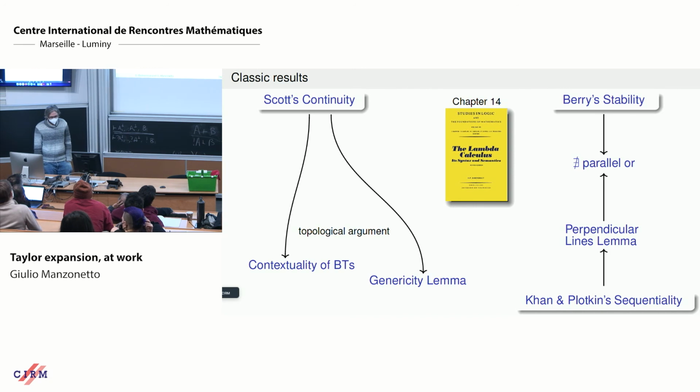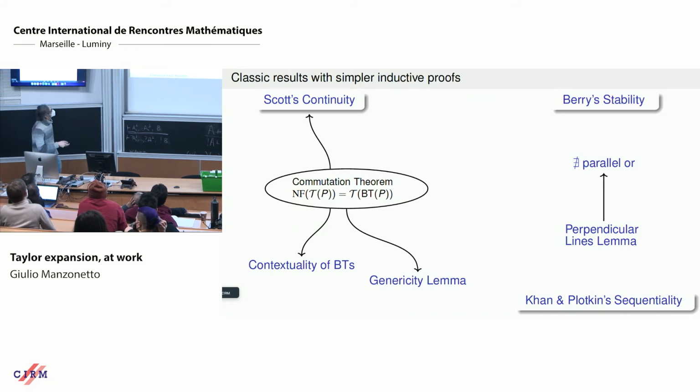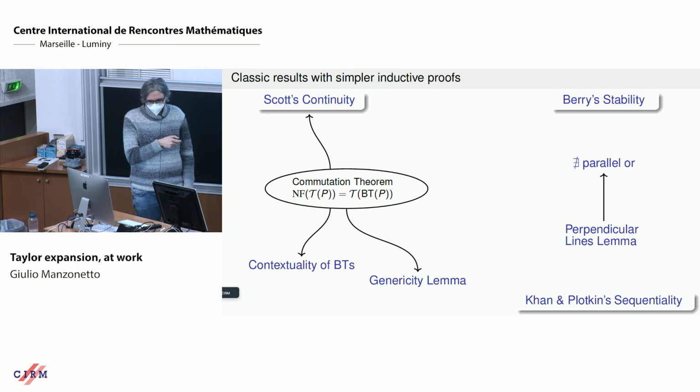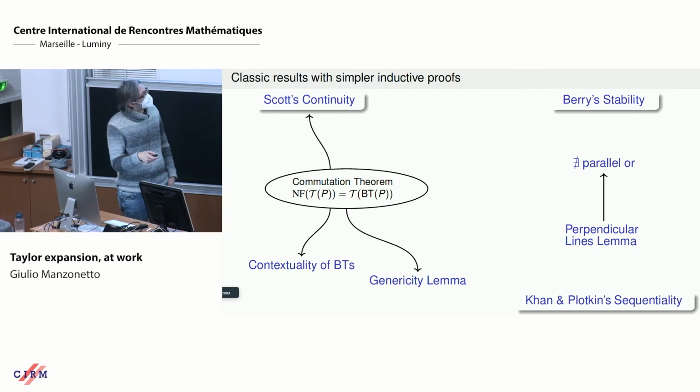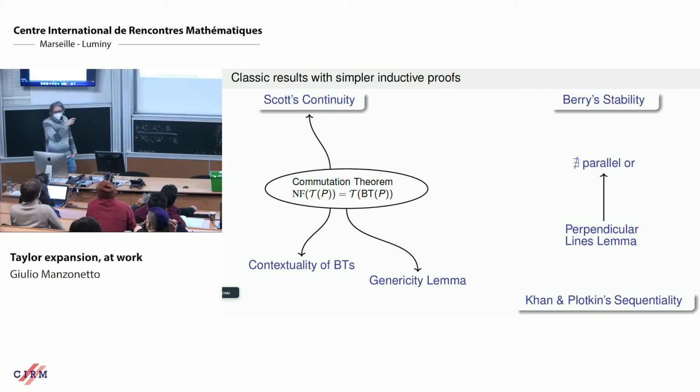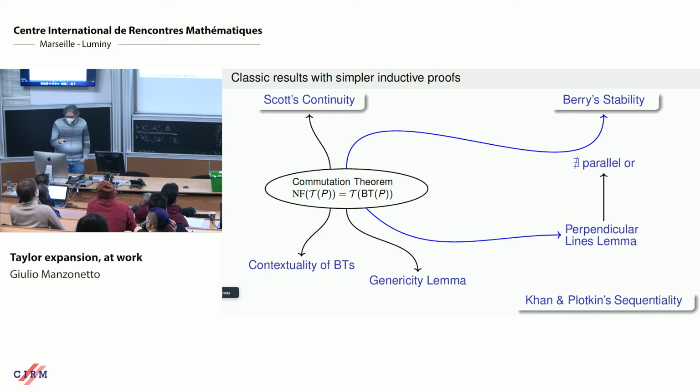It's the Bible. And we have proved that from the commutation theorem, we can reprove the contextuality of Böhm trees and the genericity lemma with simpler proofs. This is not particularly surprising, because from this commutation theorem you can actually prove Scott's continuity. We were more surprised to discover that as a consequence of this theorem, you also get Berry stability and the perpendicular lines lemma.